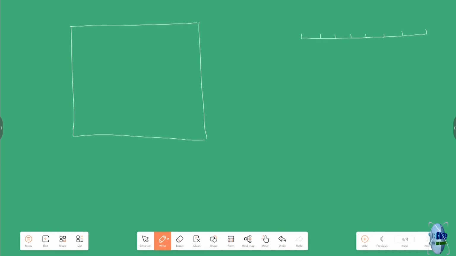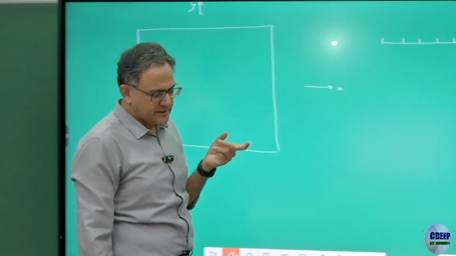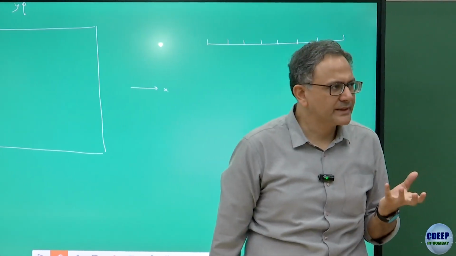So no walls like in this room, it's all open ground and it's 2D. So this is our X direction, this is the Y direction, and as of now we cannot deal with any complex solid structures in the midst of this problem.